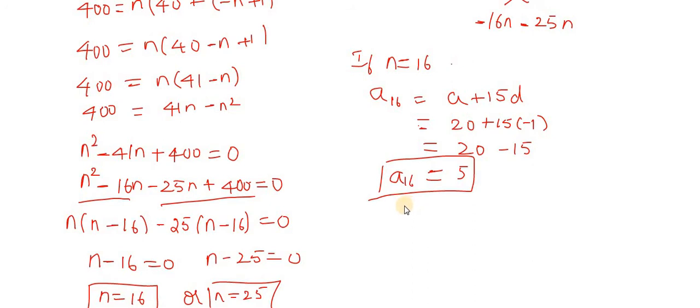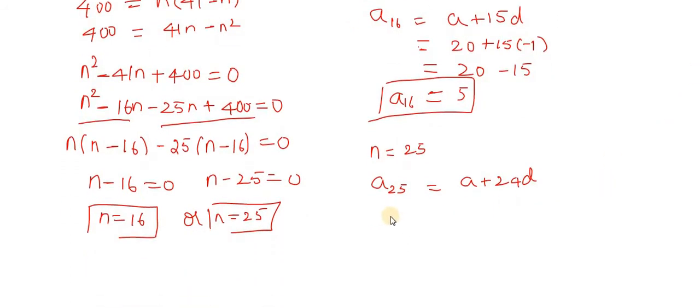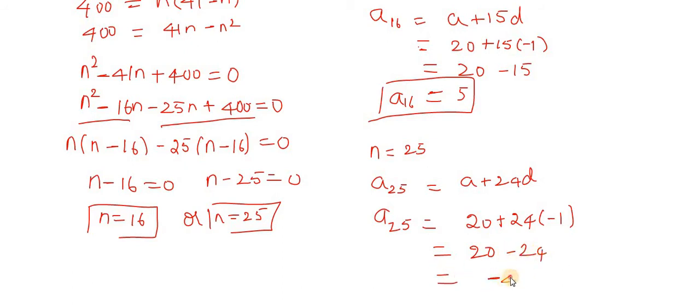Similarly, if we take n is equal to 25, therefore a25 is equal to a plus 24d. So a25 is 20 plus 24 into minus 1. If we simplify this, 20 minus 24 is equal to minus 4. So therefore a25 is equal to minus 4.